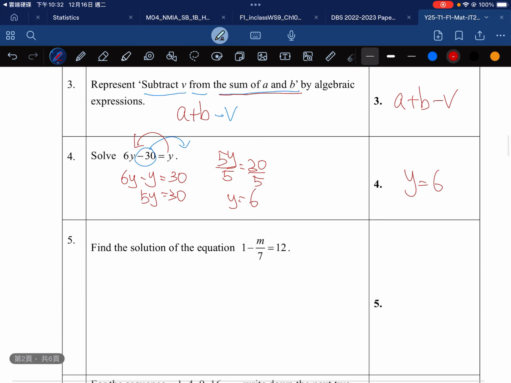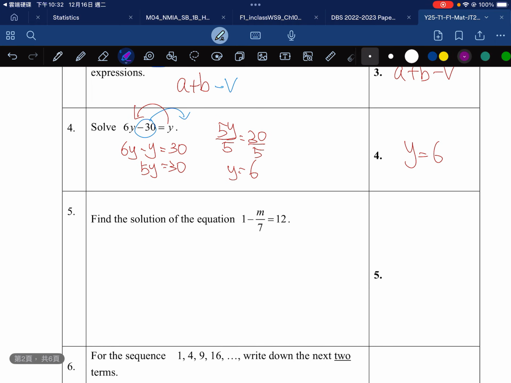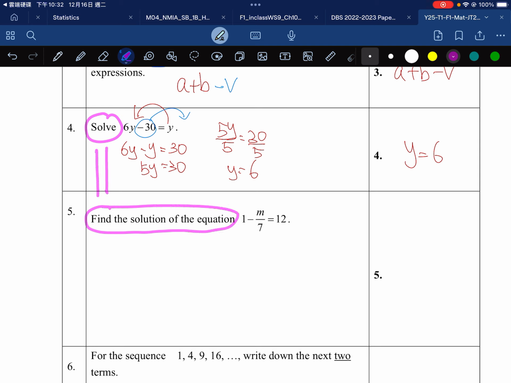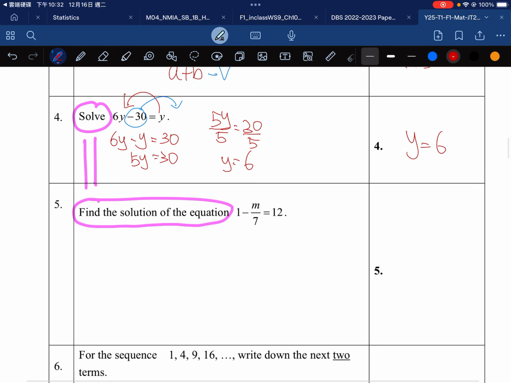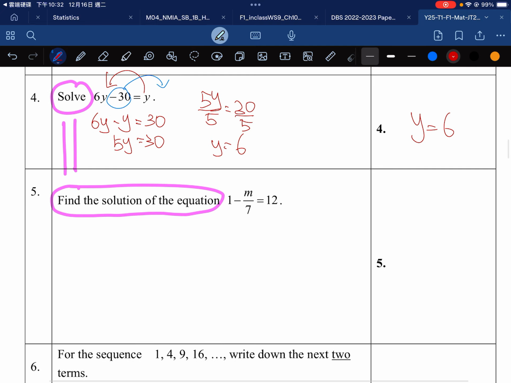And for question 5, pay attention here: the words solve and find the value of the unknown in the equation are effectively the same question. That means we have to solve the equation to find the value of the unknown. The unknown is m. First of all, we minus 1 from both sides.